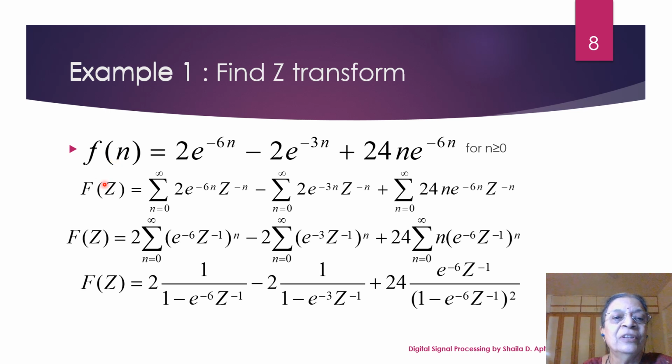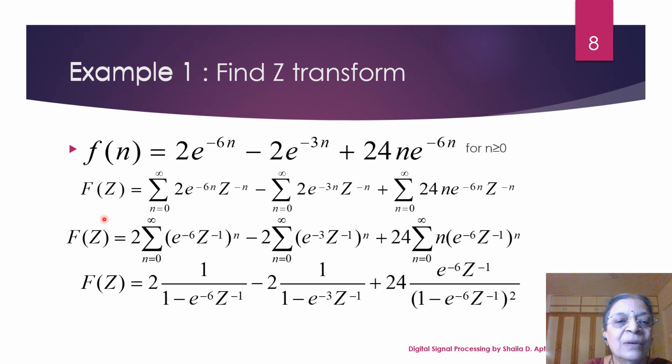So for this Fn, let us calculate Fz using the formula that we have written down. So Fz will be equal to summation. Now the summation will be from 0 to infinity because the signal exists from n greater than or equal to 0 onwards. So n equal to 0 to infinity, 2 e raised to minus 6n, this is the signal, into z raised to minus n, minus this is the signal into z raised to minus n, plus this is the signal into z raised to minus n, right.